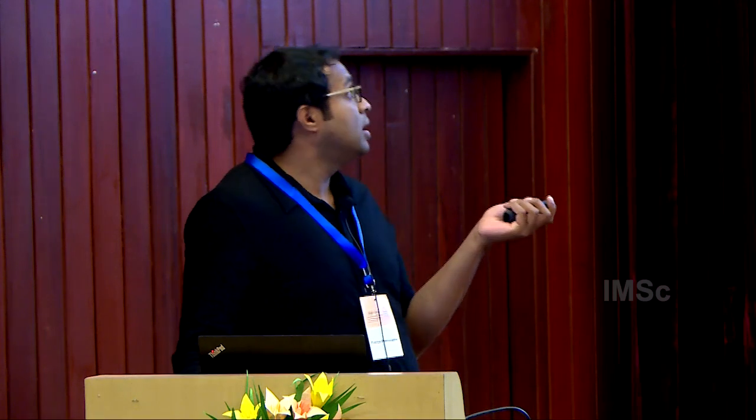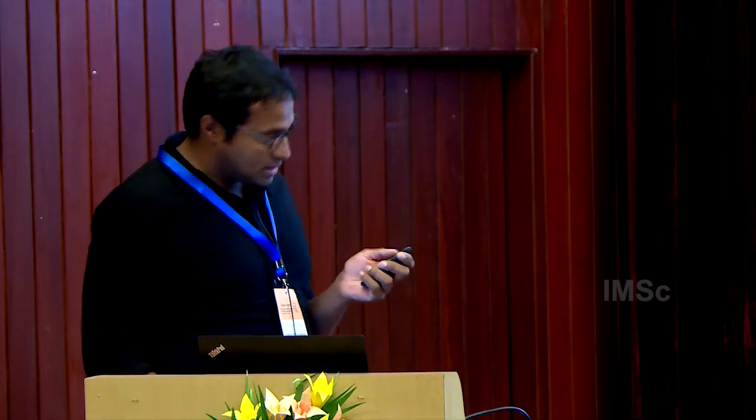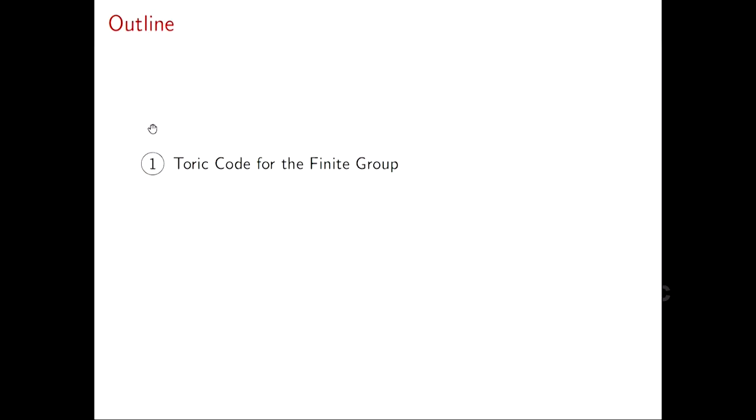So as Andres was saying in the previous talk, Kitaev has several examples of topological phases, and Andres was speaking about one of them. So I'm going to talk about another example, which is known as the Toric code. The outline: I will start with the original Toric code as defined by Kitaev.